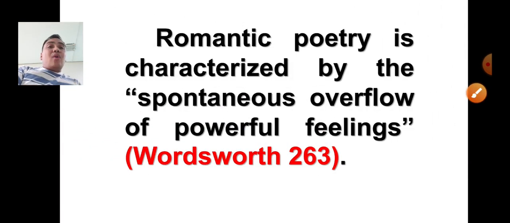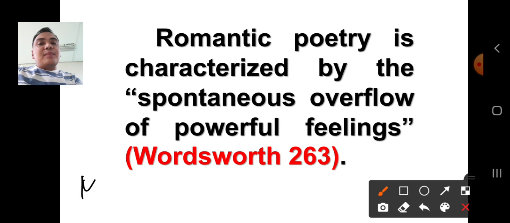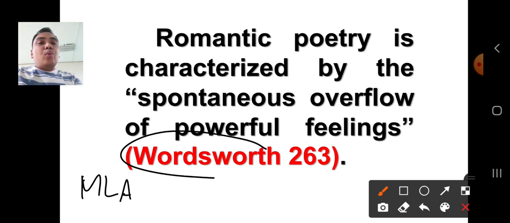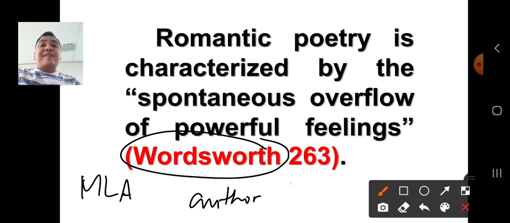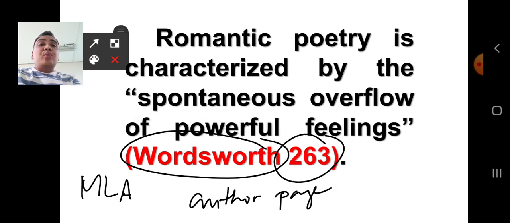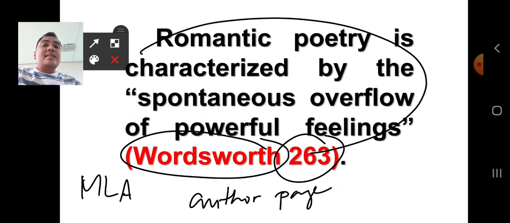And then for the MLA style, for the last part, we have Wordsworth. Therefore, it refers to the author's name, specifically the surname. And then 263 pertains to the page number where we can find this statement. Therefore, under MLA style, instead of using the year of publication, we use the page number where we can find the original text or the original passage.